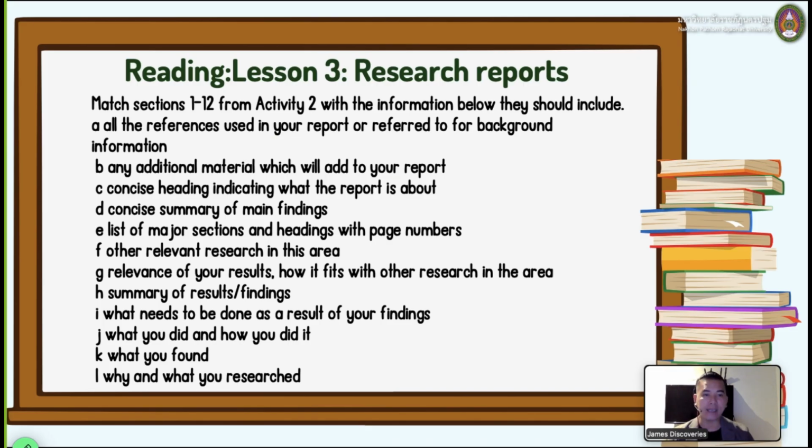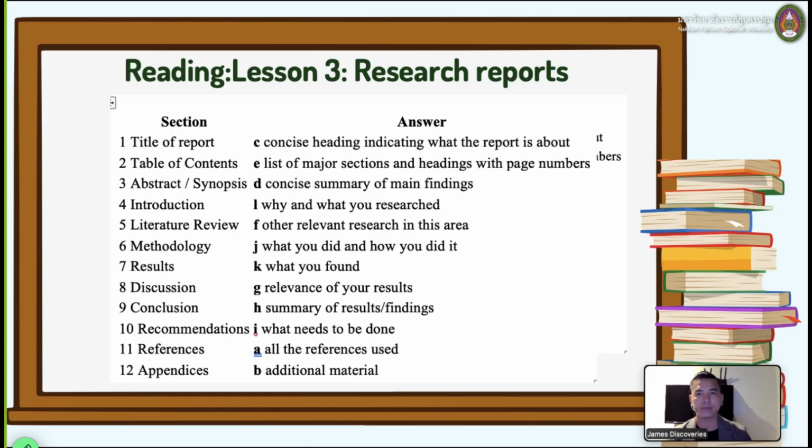A concise heading is important because it tells you which part you are in. A concise summary is also important because it will let people know what is inside your research. List of major sections, other relevant research, relevance of your results, summary of results, and what needs to be done. And what you did, and then what you found, and why, and what you have researched.